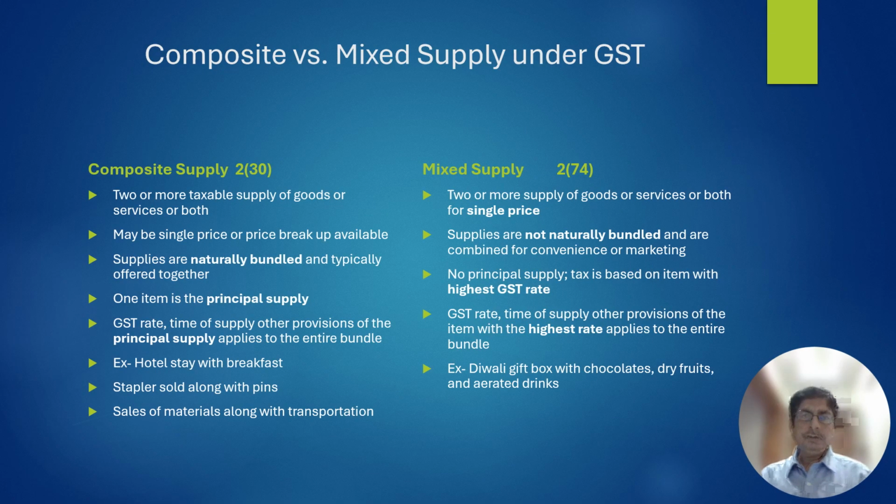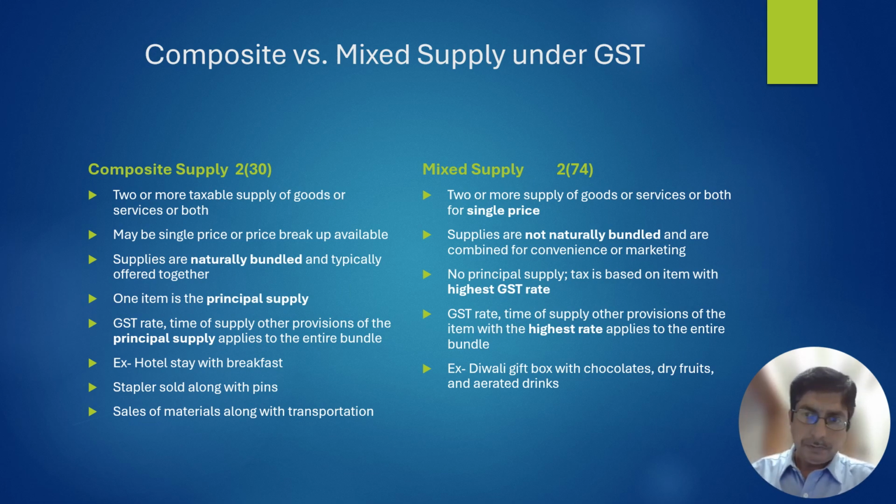Now come to the topic of composite and mixed supply. Section 2(30) of the CGST Act defines composite supply. Composite supply means two or more taxable supplies of goods or services or both that are naturally bundled, and the price breakup may or may not be available.